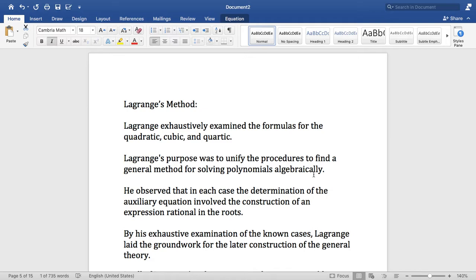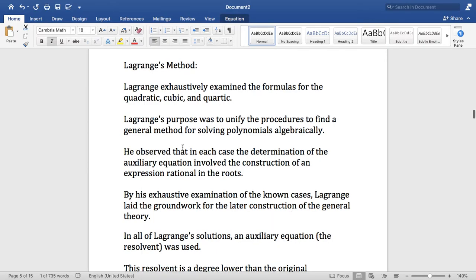Now, what Lagrange did is that he actually studied all the solutions. Also, I think the Italians solved quartics too algebraically, and Lagrange studied these in detail. All these solutions were ad hoc. Lagrange figured out a systematic, methodical way of solving polynomial equations.